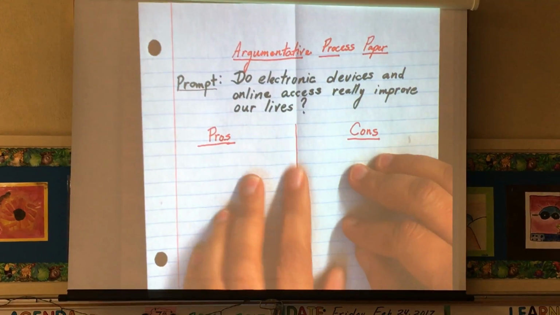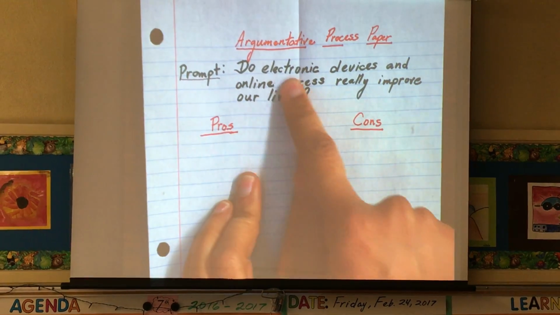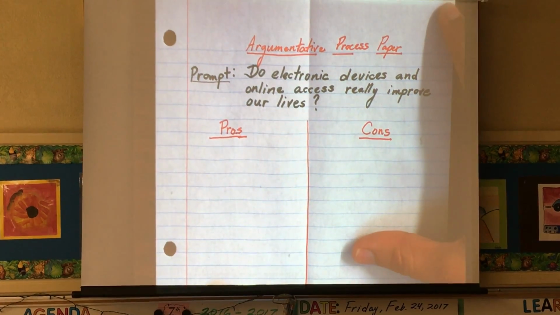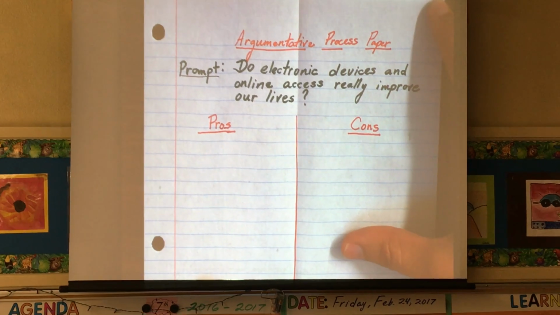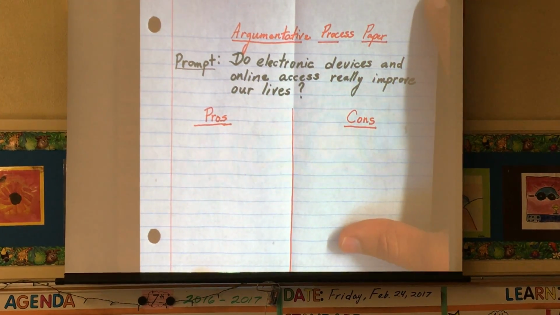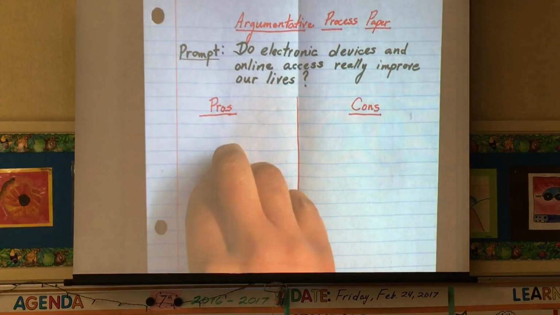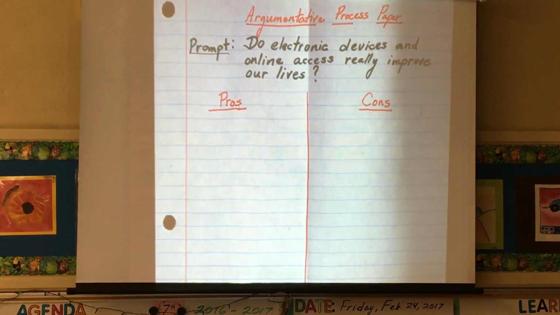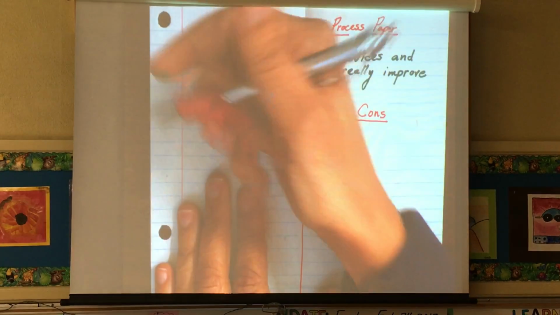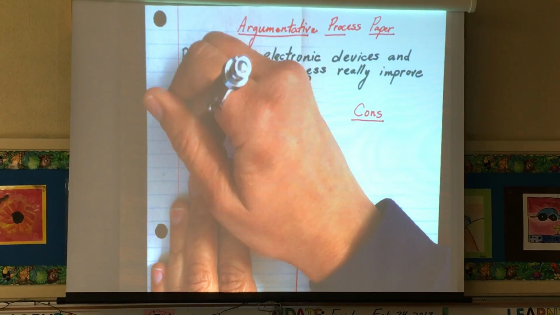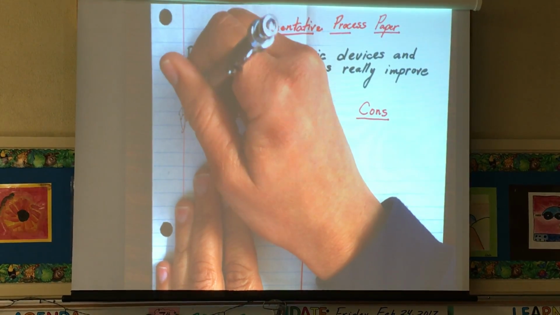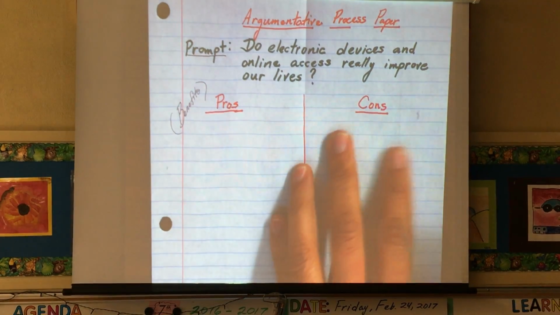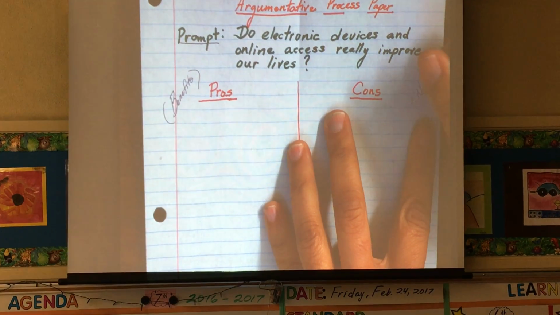What's important about this T-chart is I have the prompt right up here at the top, so I know what my focus is. Again, do electronic devices and online access really improve our lives? And we have the pros, which are the benefits. And we have the cons, which are the, I would say, the negatives.